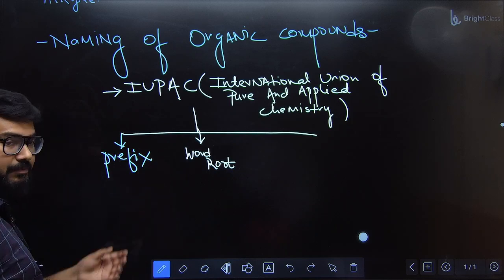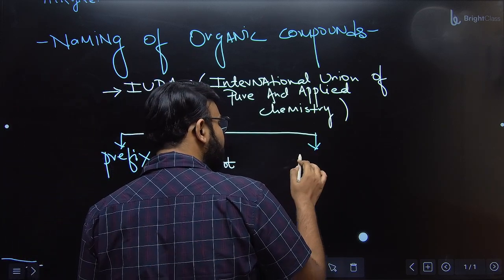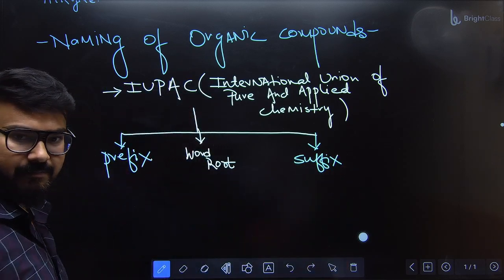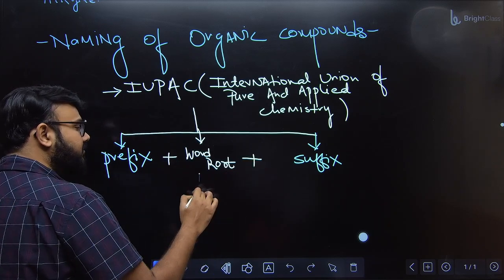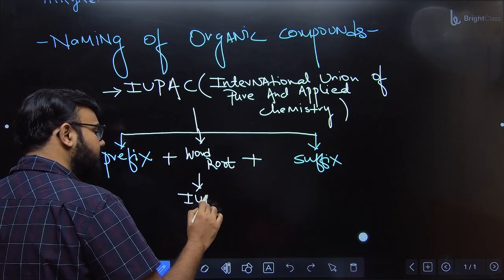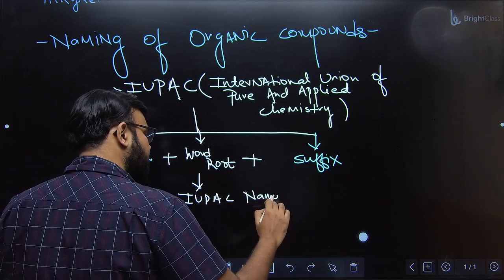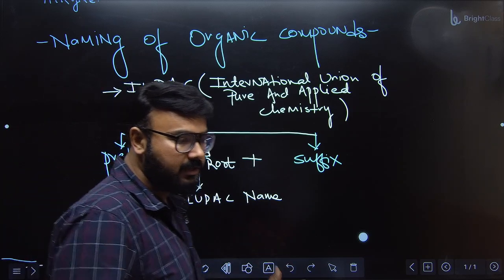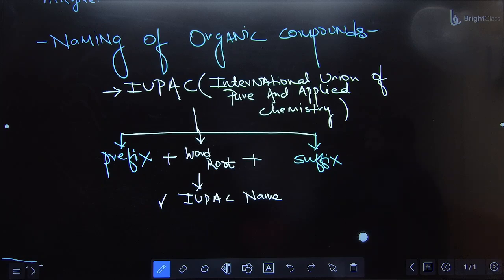What you write before word root is called prefix, and what you write after word root is called suffix. And when you merge these three, this gives you the IUPAC name, the complete name. Did you all get it?